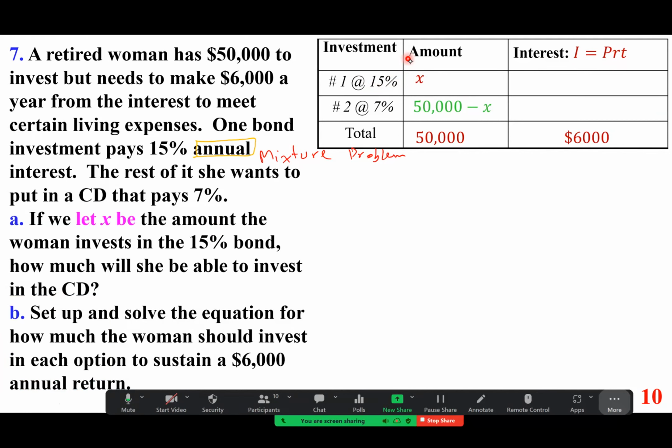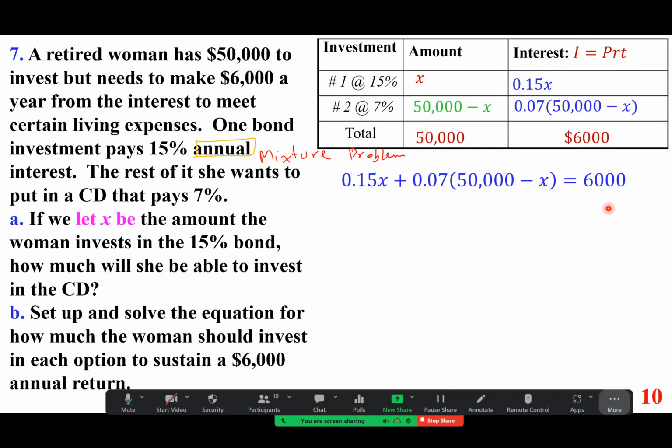So 0.15 times X. How much do we make here? The product of these two times 1. So 0.07 times 50,000 minus X. Last column, again, must be consistent. When you add these two, must give us 6,000. So we add them up. So this is the equation they're asking for.